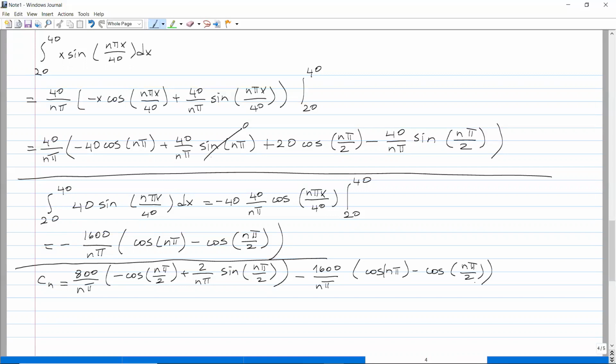And then we have this with a minus sign. So minus 40 over n pi, minus 40 cosine n pi plus 20 cosine n pi over 2 minus 40 over n pi sine of n pi over 2.